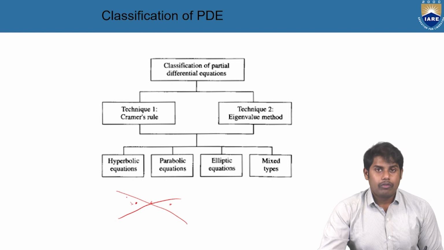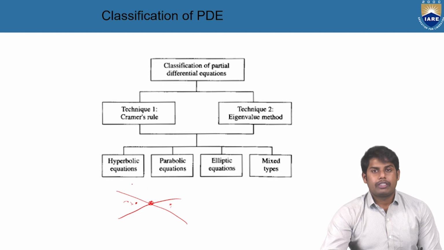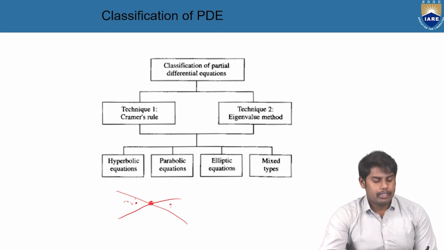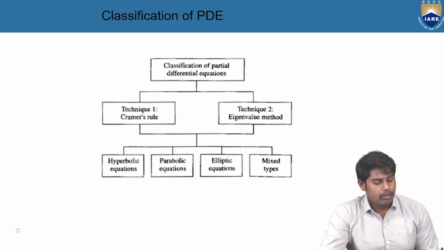So let's say this is the flow that is happening. If you disturb here or here, how is the flow propagating with respect to time and space? These disturbances have to be studied. So this is the need for the classification of PDE.